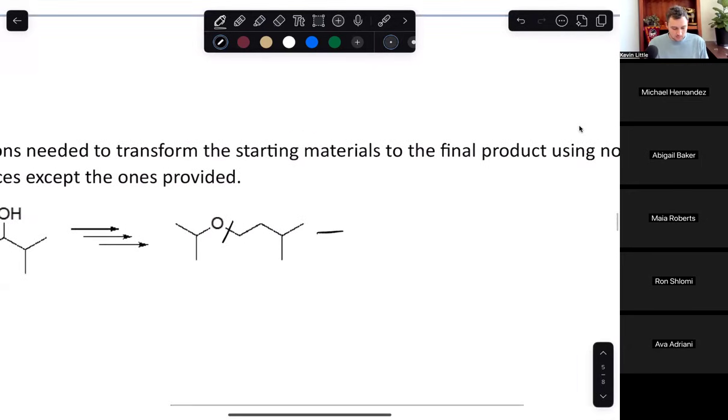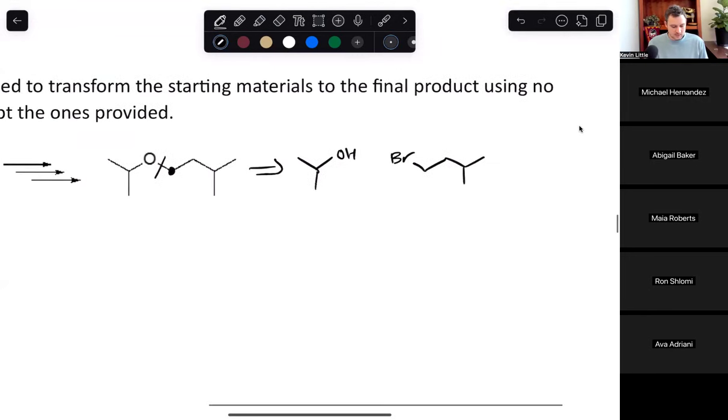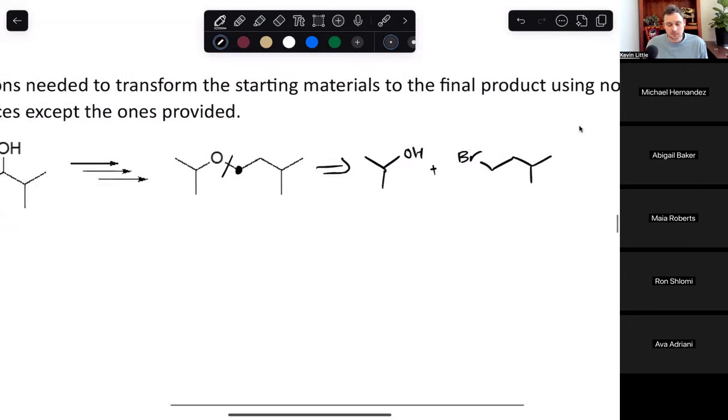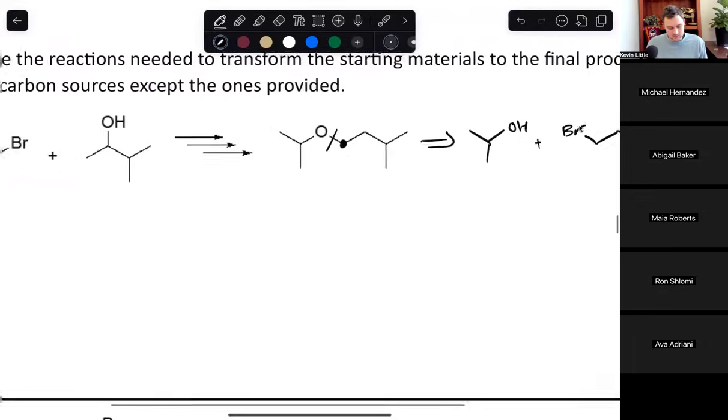I'm going to cut it there because on one side of this cut, I have my alcohol, right? I have this group. On the other side, I have a leaving group on this carbon. It's ultimately going to leave. So this gives me two targets to work towards. This is called a retrosynthesis. We've worked backwards from the final product to say, what are some targets that we need to get to?